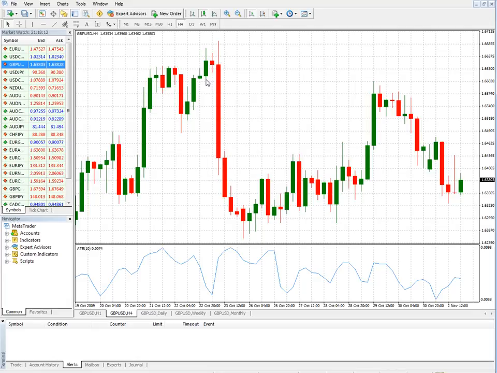Actually, you see right here, breakout of that inside bar. Actually, it's to both sides. That's another technique called fading the breakout. So you wait for it to break out one side, and you then place your pending order on the other side of that bar prior to the inside bar.